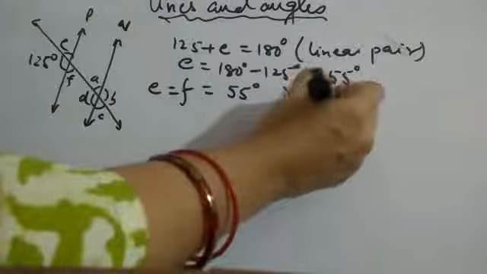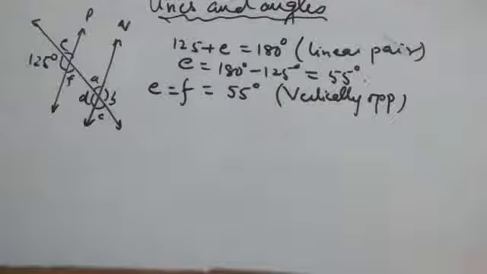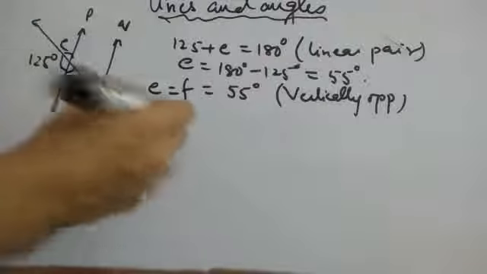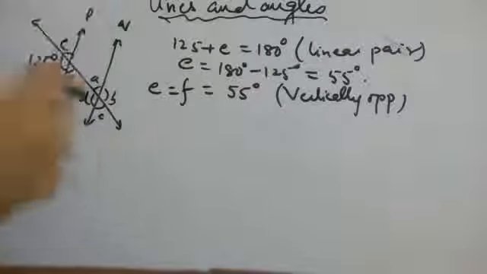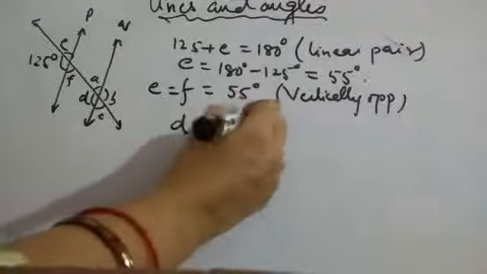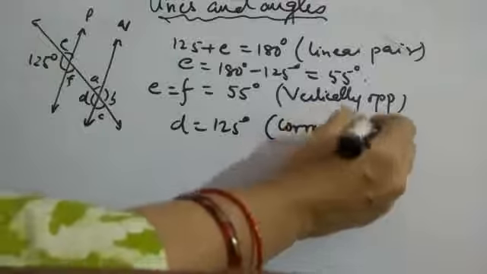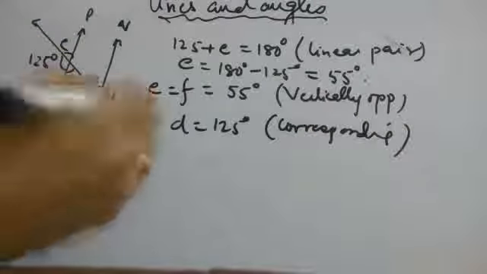These are vertically opposite. Can you see? These two are vertically opposite. Then the remaining from them, 125 and D. D is equal to 125, corresponding, one leaving, another on the same side, right?